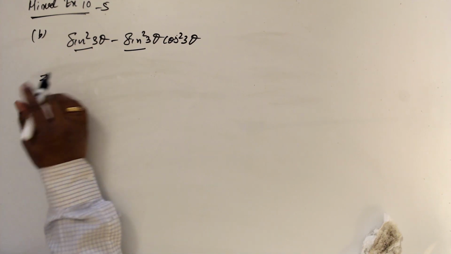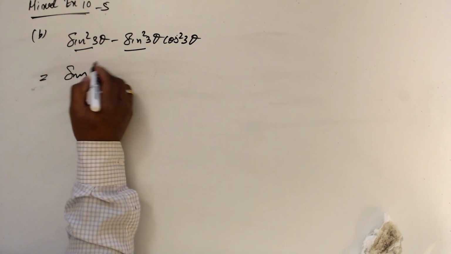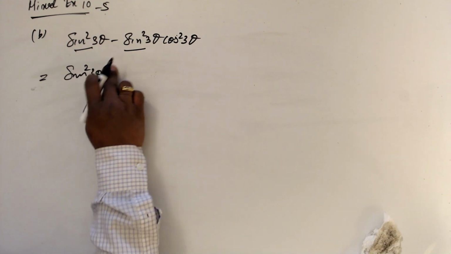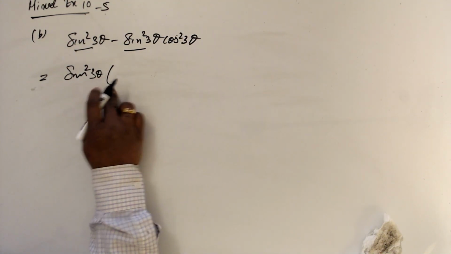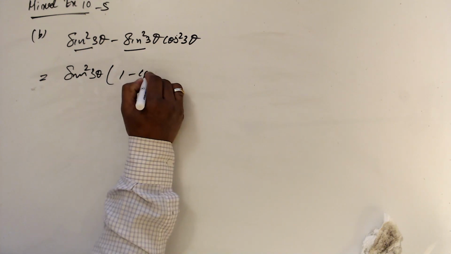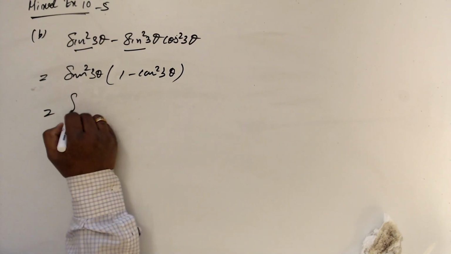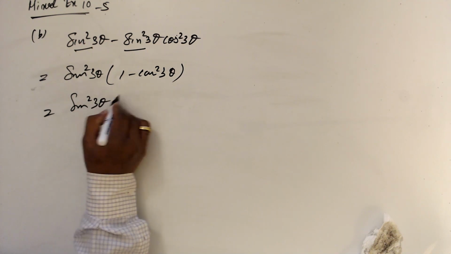You should be able to see this one. It will come with practice actually. The first time you can't see it, you will be watching how other tutors or teachers do it. So this is sine squared 3 theta.